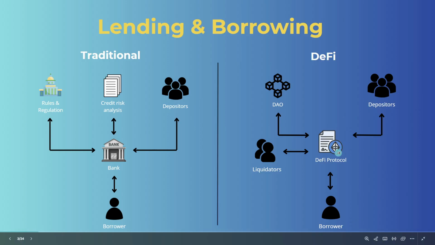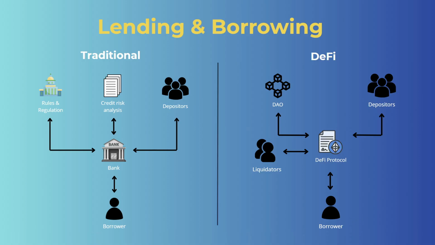Of course, in DeFi there are also some other actors involved, like the DAO, which basically is the decentralized autonomous organization that governs the protocol and makes the most important decisions, and this is also ruled by smart contract.